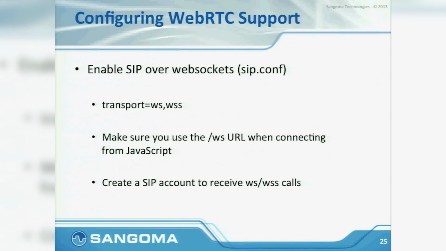And make sure that when you connect to Asterisk, you use the /ws URL, because that's what tells the web server that it needs to send the connection to the WebSocket handler. And finally, create a SIP account to receive WebSocket calls. That's all you have to do. The Asterisk developers make it very easy. It's simply enabling the WebSocket connection in your HTTP server, and then enabling it in the SIP driver.